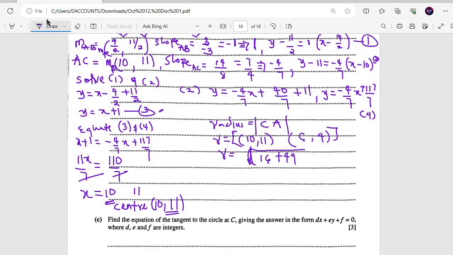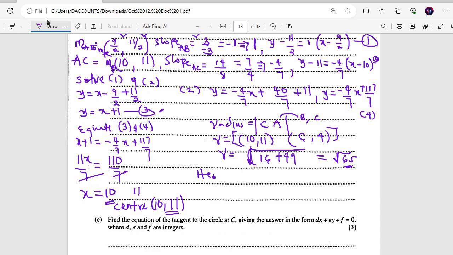So 49 plus 16 is 65. So the radius is square root of 65. If we check it with any point, it could be B, it could be point C, you get the same radius between the center and any point.